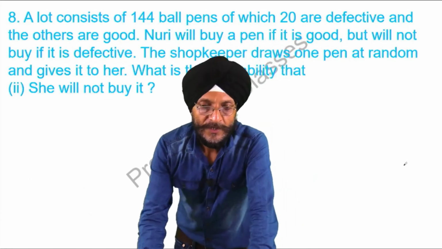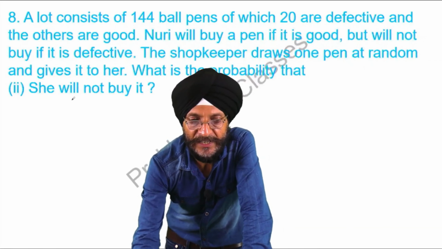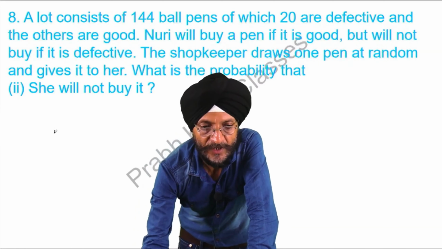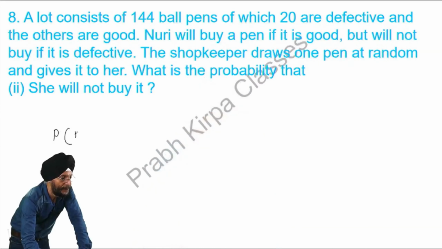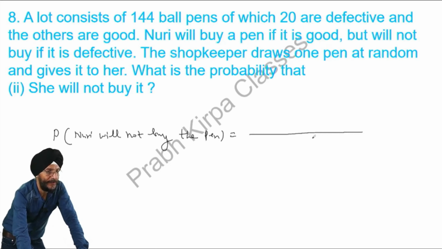So now, what is the probability that she will not buy it? Here we are to find probability Noori will not buy the pen. So here, what is the number of favorable outcomes?